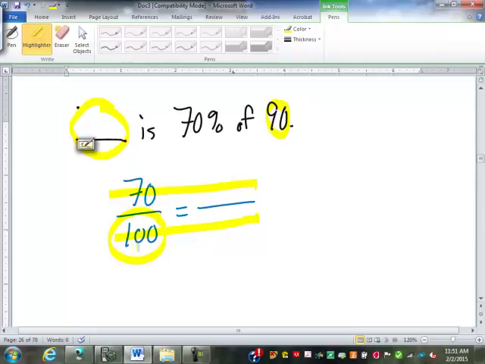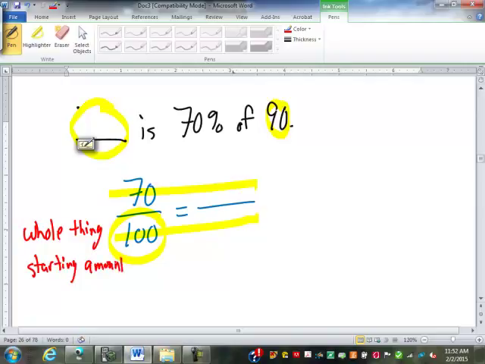So to figure that out, let's talk about what that 100 means down there. That 100 is actually a percent as well. It's 100%. And that means either the whole thing, the whole item, or a starting amount, an initial value. In this case, 70% is a piece of the whole thing. The 100 is the whole thing.